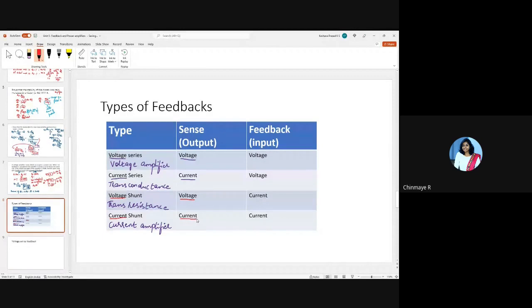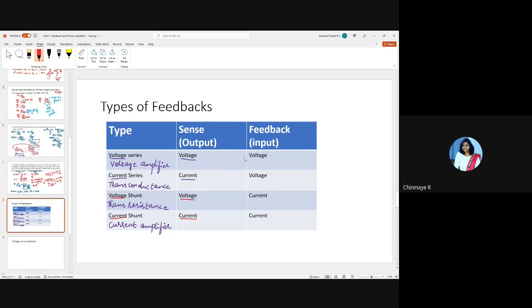Whenever you're feeding back a voltage, it is always fed back in series. We will see how in the next slide.